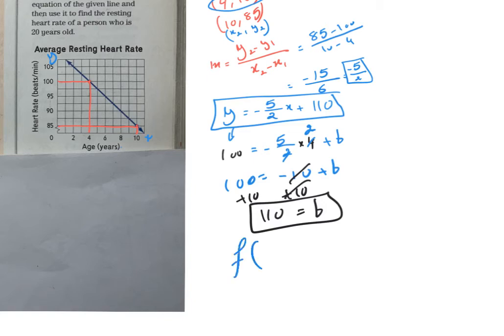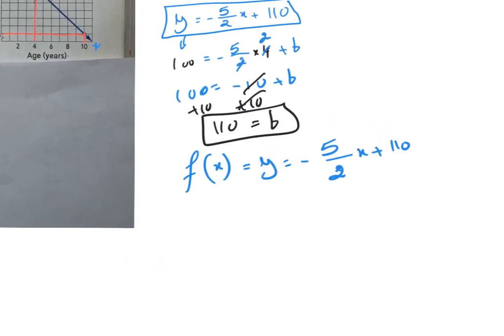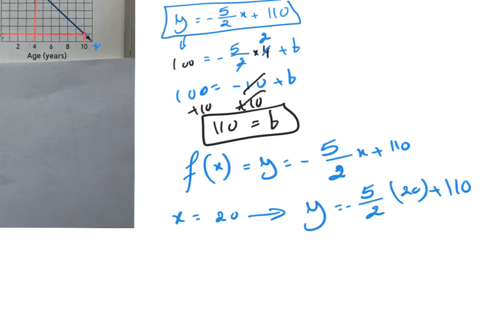Again, we know that y is the output, a function of x: y equals negative 5 over 2 x plus 110. So if x equals 20, which represents the age of the person, I need to find the heart rate, which is y equals negative 5 over 2 times 20 plus 110.